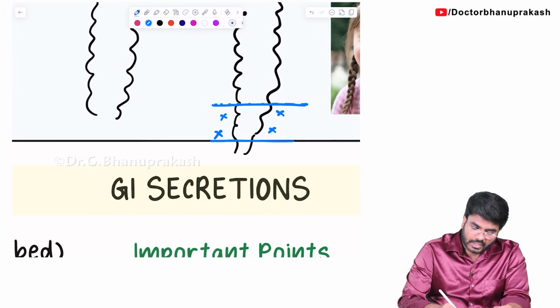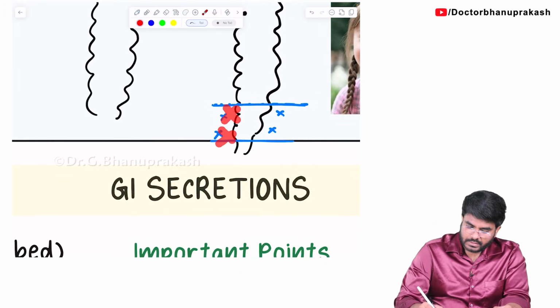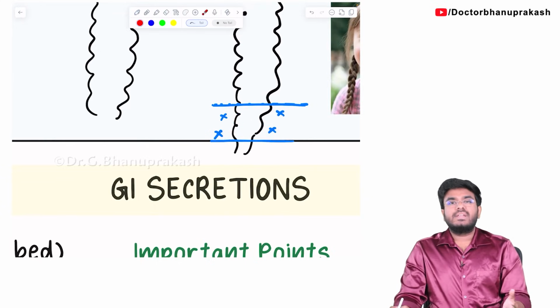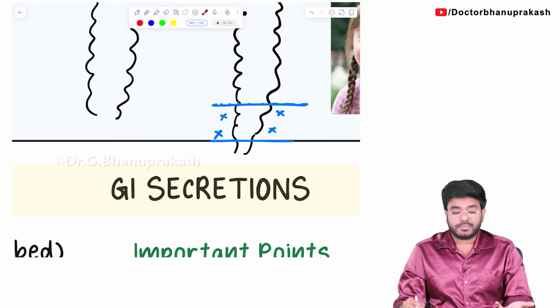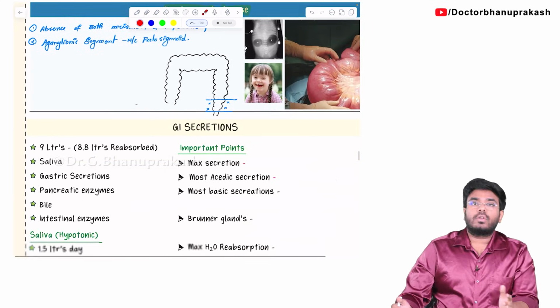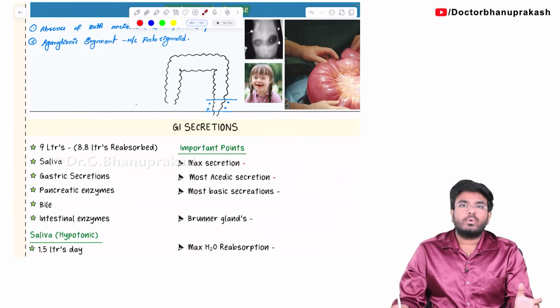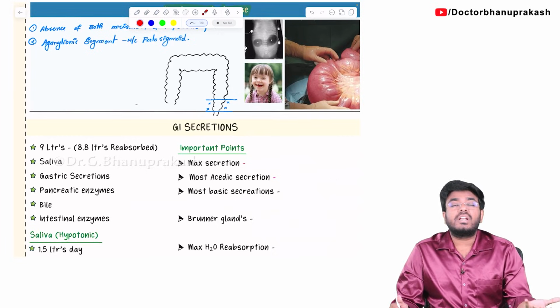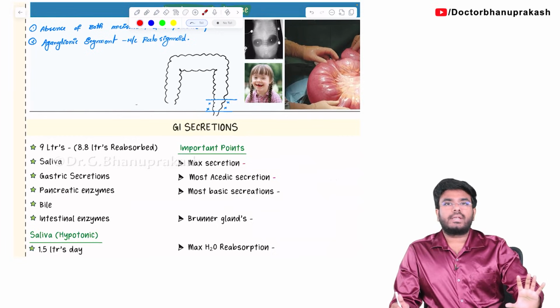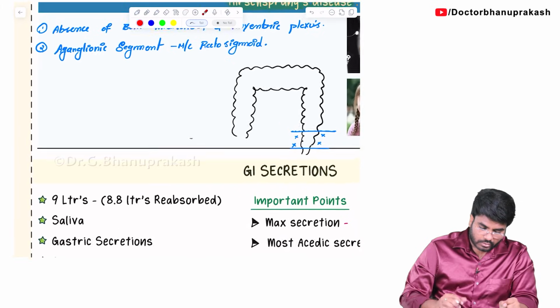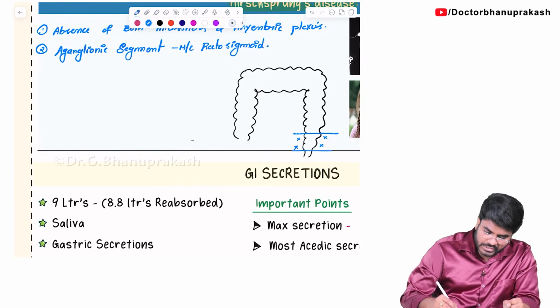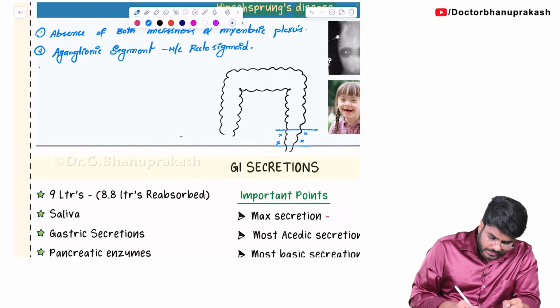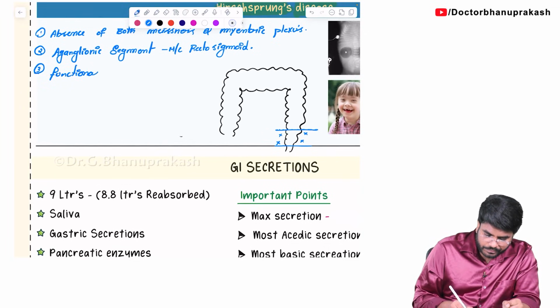In this particular part of the GIT, there is no peristalsis, there is a functional obstruction. Because of no enteric plexus, do you think that part of the GIT is going to contract? No, it is acting like a functional obstruction. Functionally, it is not contracting, so it is acting as an obstruction.